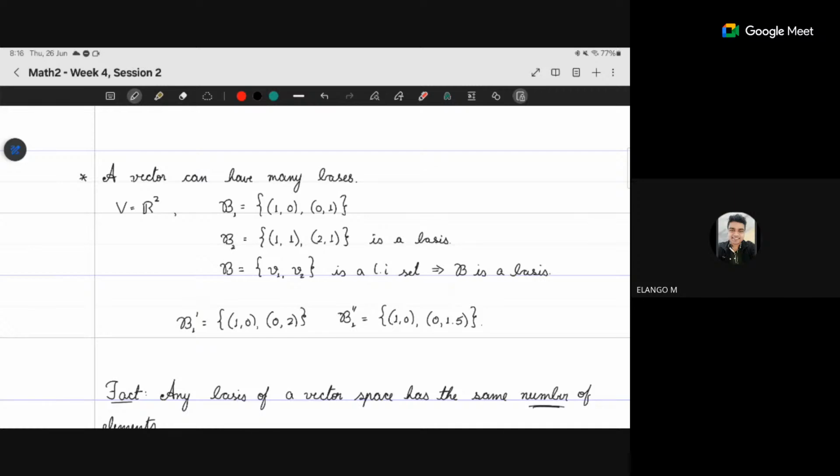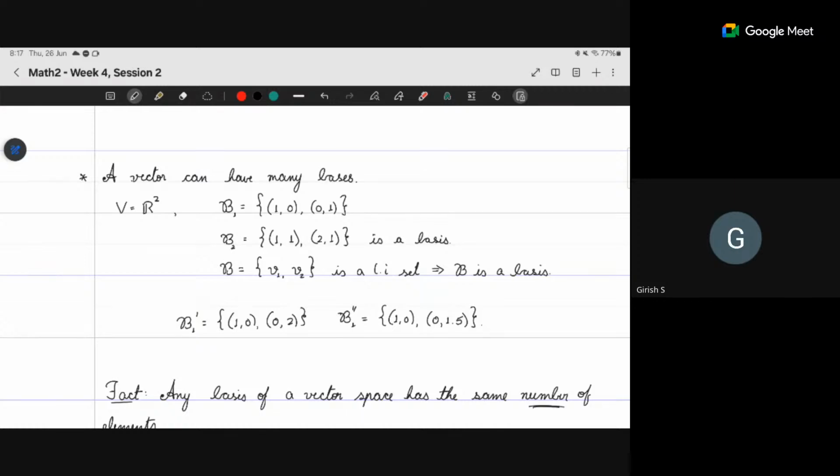Yeah, that's a fact we want to establish now. But if I take one element and look at its span, what does it become? It will represent only one axis, sir. Not necessarily one axis. It will be a line through the origin. So it's not necessarily an axis, but it's just a line. A line cannot cover the entire plane. So one element does not do.